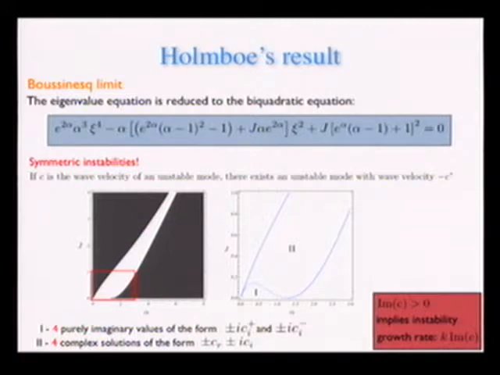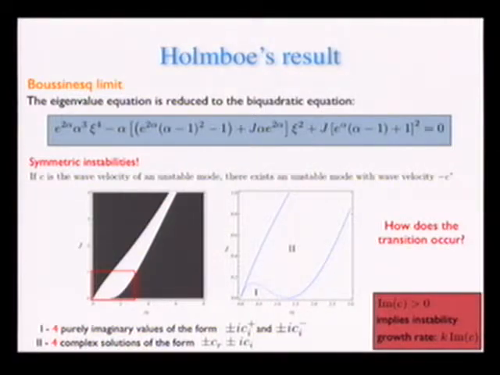And when you move to this second region, suddenly things change. You now have four complex solutions, but with this form, so that this is moving. There is one unstable mode with phase velocity c_r, and one other with minus c_r. So they are counter-propagating, okay? And this is what we call the Holmboe mode; this is the Kelvin-Helmholtz mode, and this is the Holmboe mode.